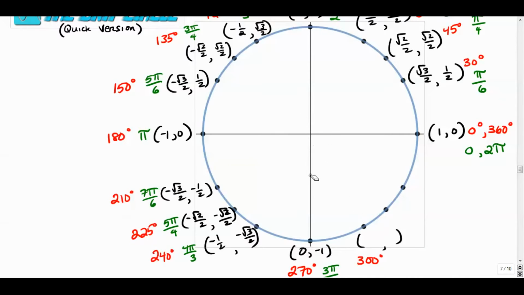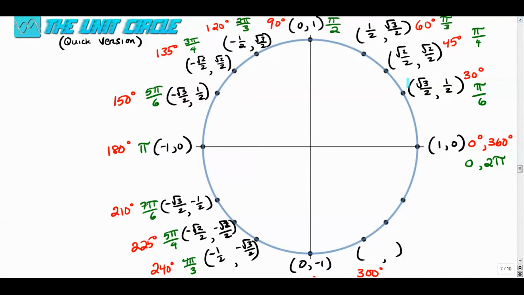And 300 degrees is going to be in the pi over 3 family. If we keep track here, let's zoom back up a little bit: 1 pi over 3, 2 pi over 3, 3 pi over 3, 4 pi over 3, 5 pi over 3.